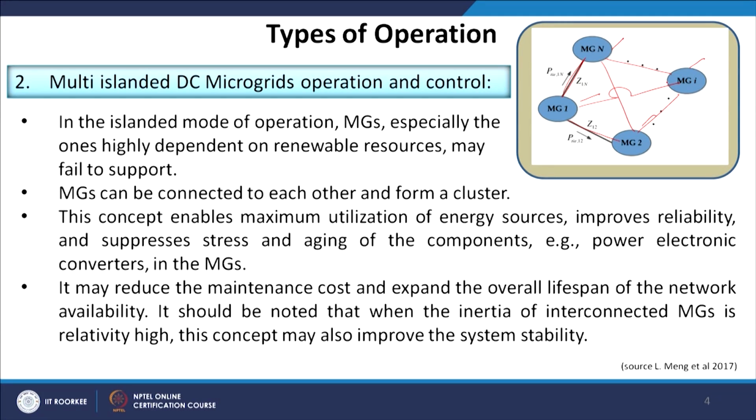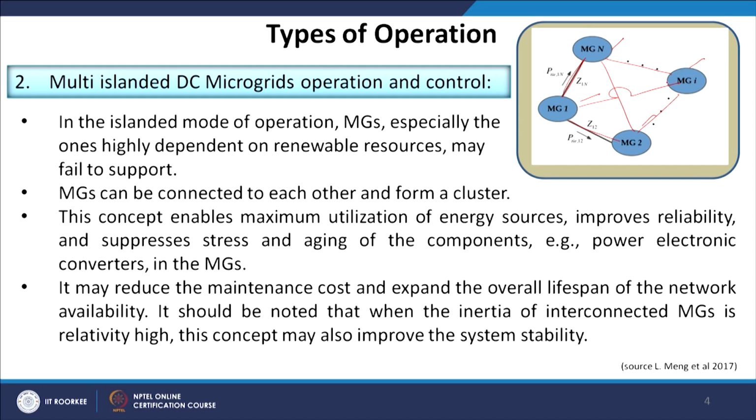But if I do have multiple microgrids connected, those excess energy may go to the other microgrid, which may be in shortage of energy. So, those exchanges are possible. So, it is a more efficient way where multiple microgrids operate in a cluster or together. It may reduce the maintenance cost and expand the overall lifespan of the network availability.